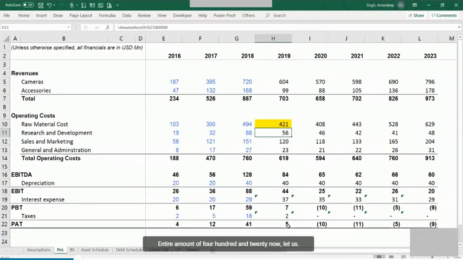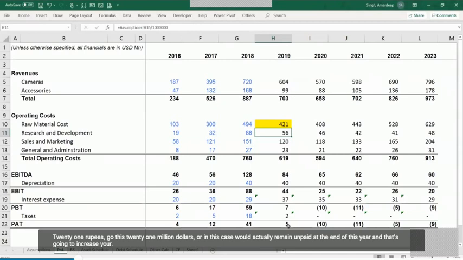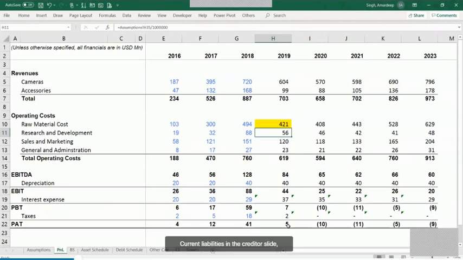Now let us assume out of 421, I don't pay him 421, I pay him only 400. So where will this 21 rupees go? This 21 rupees, rather, in this case would actually remain unpaid at the end of this year. And that's going to increase your current liabilities in the creditors line, which means that your creditors go up when you do not pay a particular component of cash.